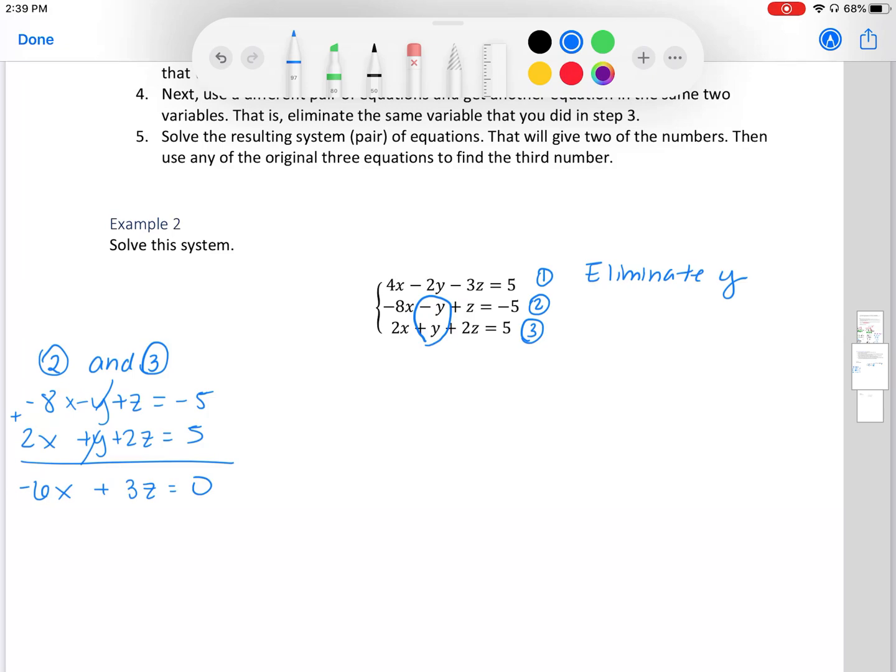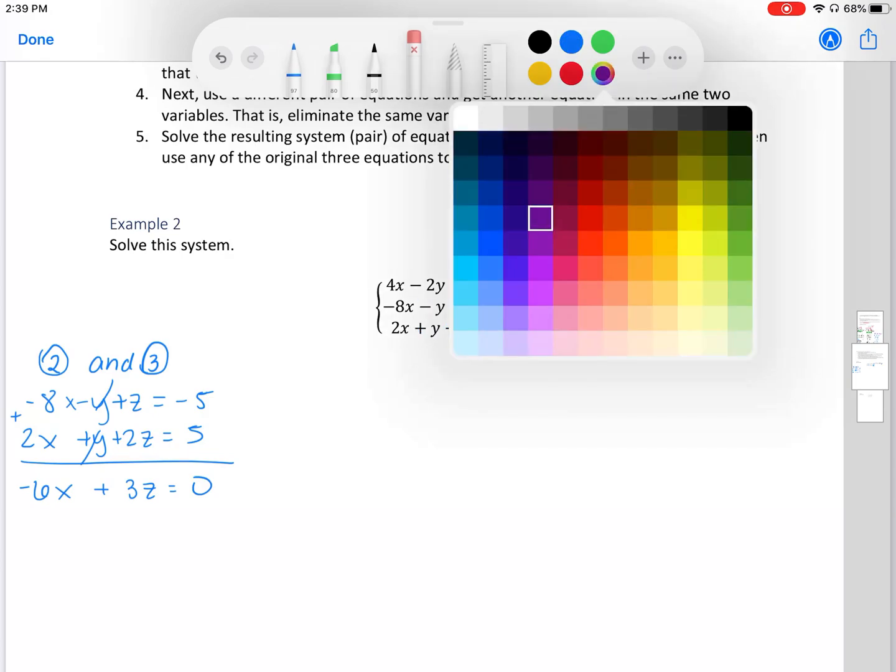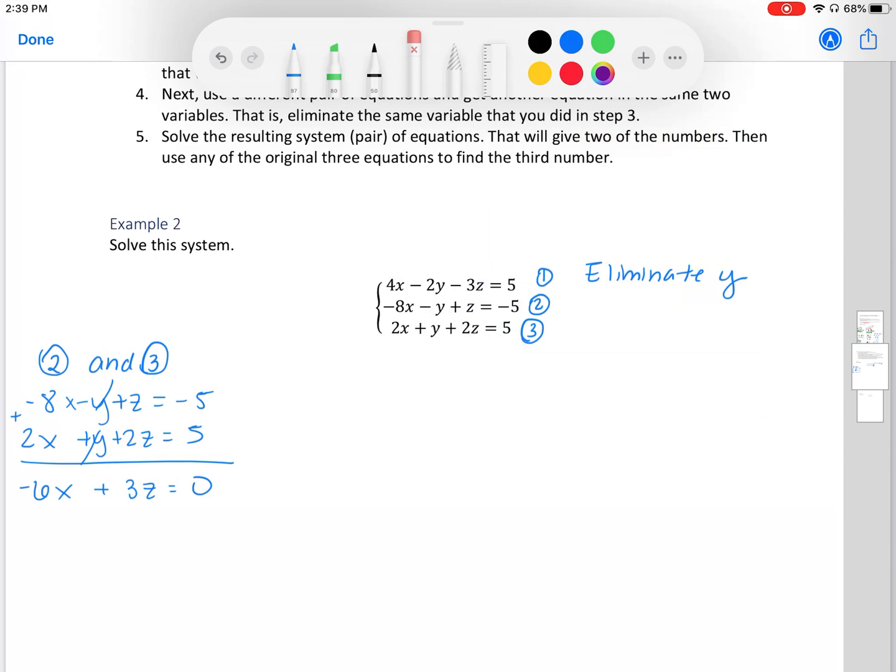Now we're going to repeat this process and take two equations and eliminate y again. I can eliminate y using equation 1 and equation 3, multiplying equation 3 by 2 so that I can get a 2 here. Notice they're not the same two equations.